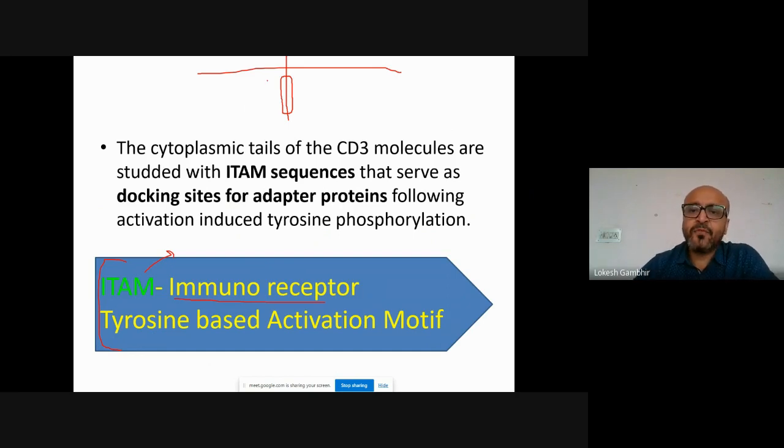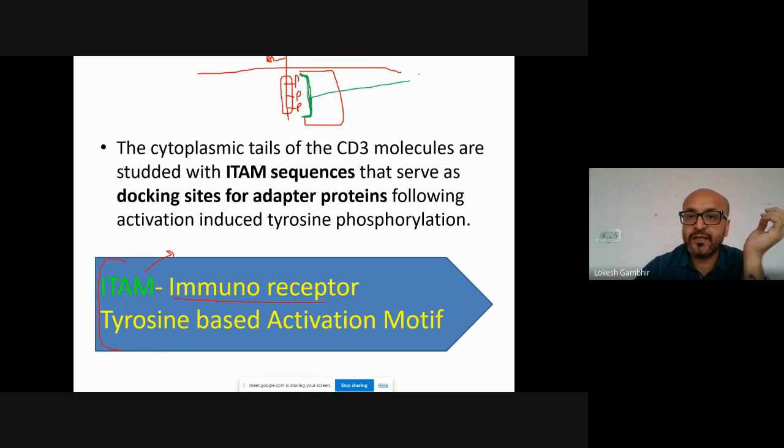Now, this ITAM molecule, upon binding with the antigen, will be getting phosphorylated. Who will phosphorylate? We will see. It will get phosphorylated. Now, the phosphorylated ITAM motif serves as an adapter site for the proteins that contain a specific domain, and that domain is called the SH2 domain that we had discussed in the earlier lectures. This domain will be binding to the phosphorylated site.